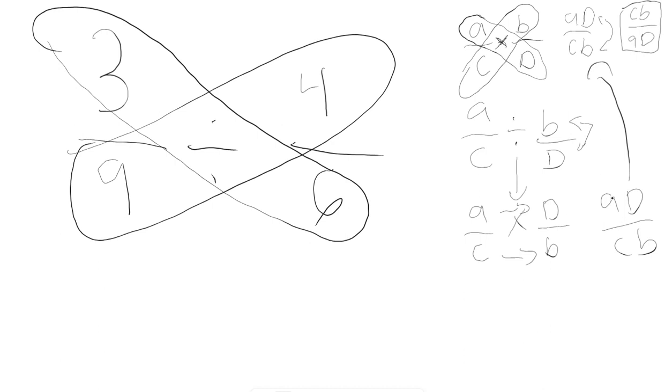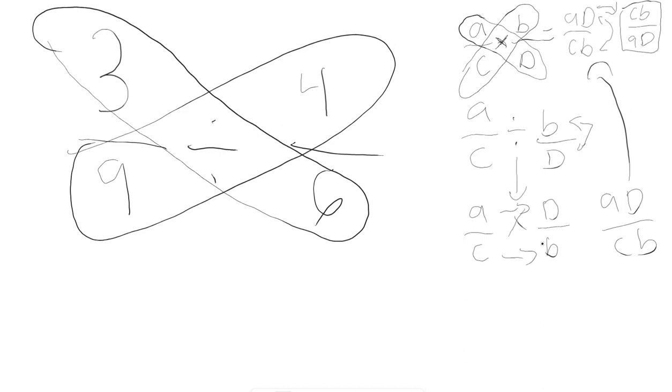So when multiplying, you either multiply straight across, or you cross multiply because you learned how to cross multiply, and then you use the reciprocal of your answer here, you'll get the correct answer.